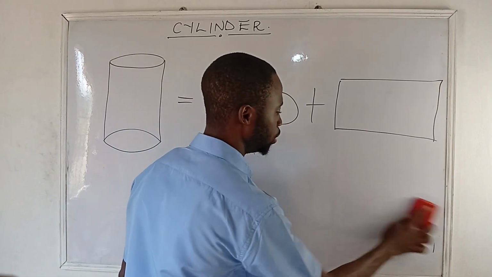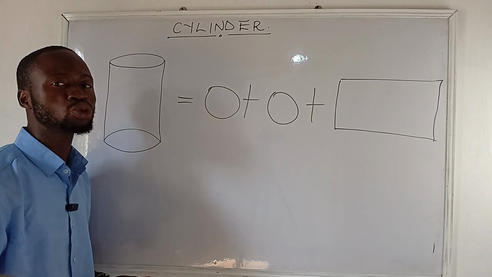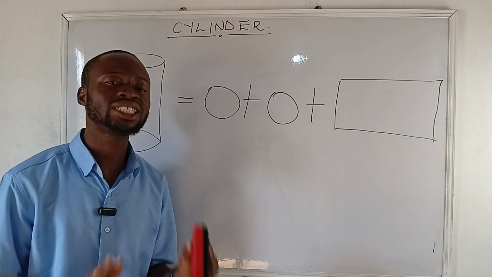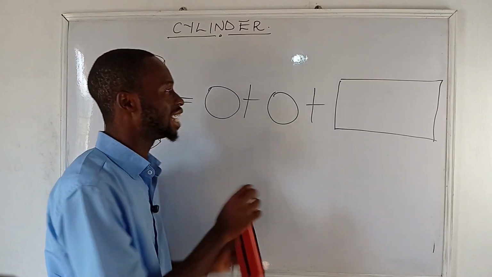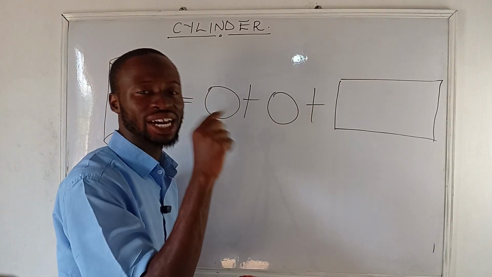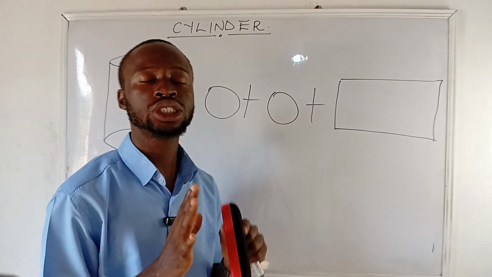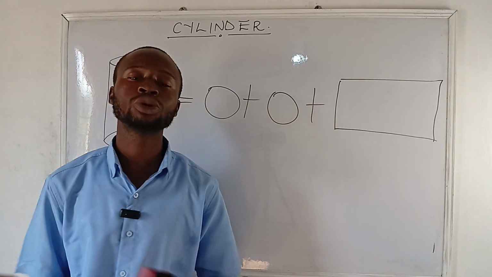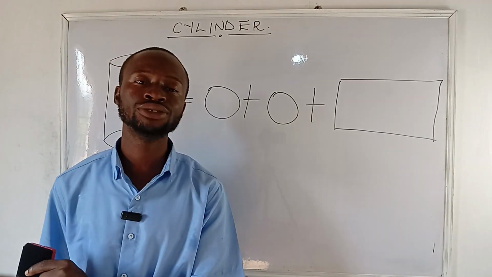So that being established, when we talk about a solid cylinder, we are basically saying that a solid cylinder has two complete circles and a rectangle. So when they tell you a solid cylinder, automatically it has two circles and a rectangle.